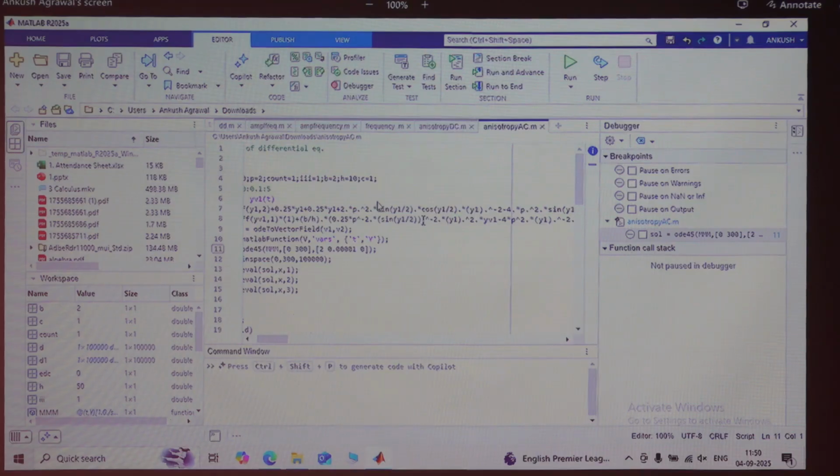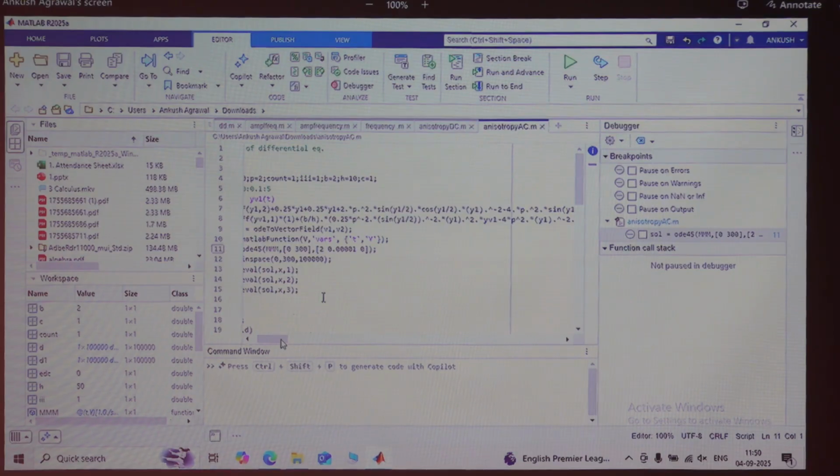If you directly put sine theta by 2 with plain multiply, MATLAB will not be able to solve. So there is some syntax that you have to follow. Always put dot star when you are multiplying with variables, something that is going to vary. Theta is going to vary, lambda viscous is going to vary. So always put dot star. Don't put direct multiplication. If you put plain star, it will not be able to solve. That is one suggestion.